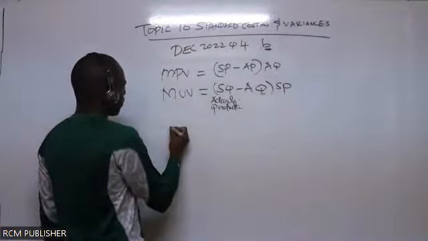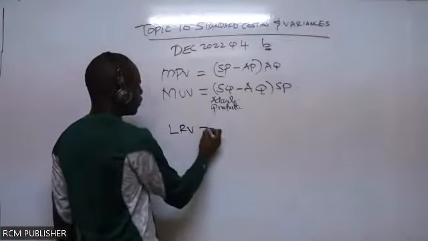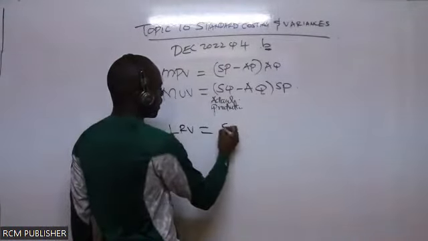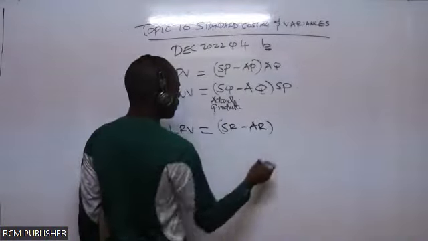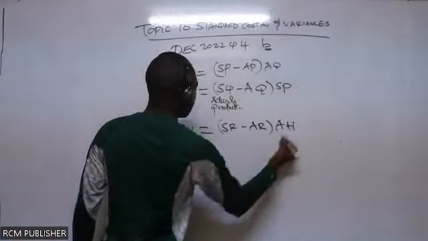Then labor rate variance will be equivalent to standard rate minus actual rate. Then everything we multiply by actual hours.